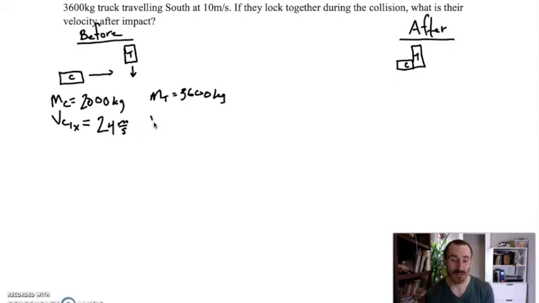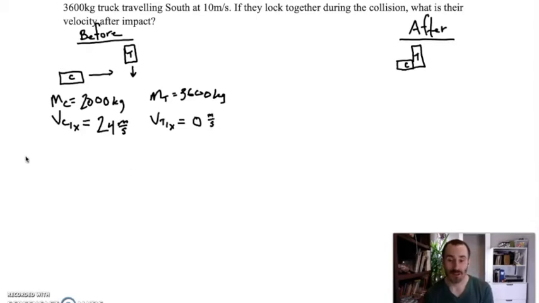The velocity of the truck at the beginning in the X direction is nothing, right? The truck is traveling just vertically. It's moving north-south. It's moving south, and so its X velocity is 0 meters per second.